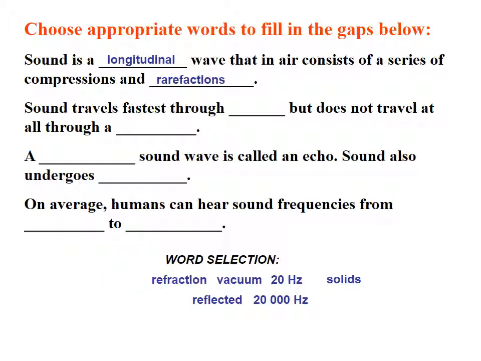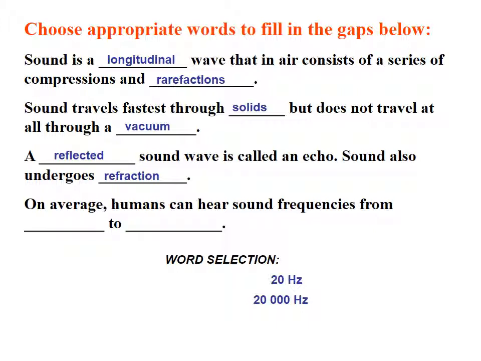Sound travels fastest through a solid, but does not travel at all through a vacuum. A reflected wave is called an echo. Sound also undergoes refraction. On average, humans can hear sound frequencies from 20 to 20,000 Hertz. So hopefully you got 100% out of those.